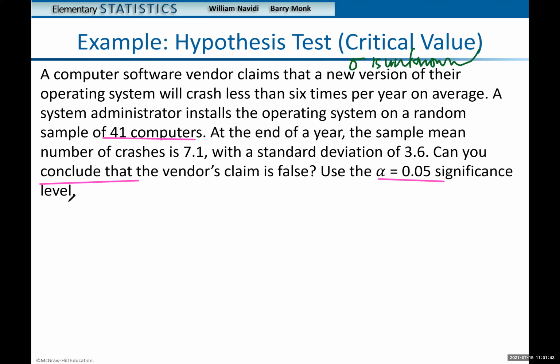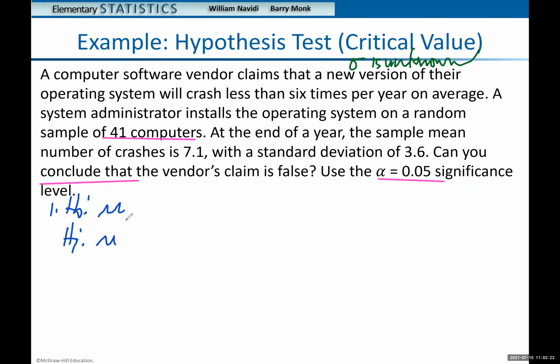State the hypothesis. So how do we write our H0 and H1? H0 is mu equals... sorry, not 7.1.